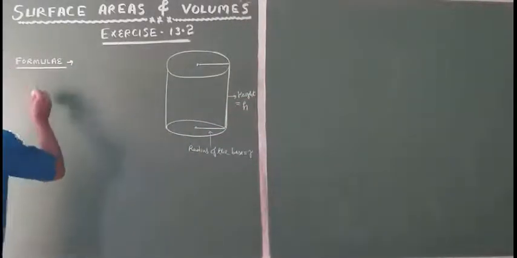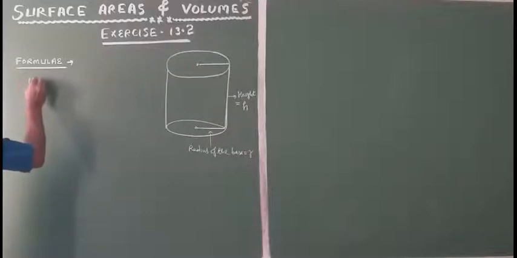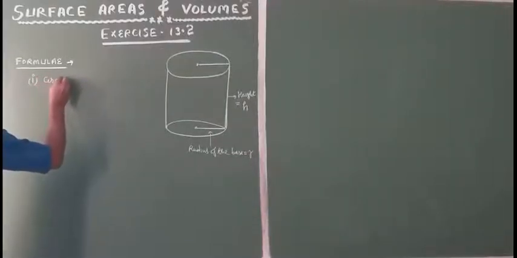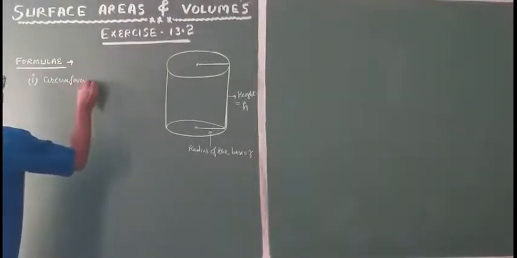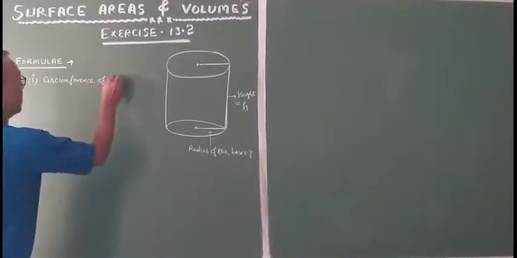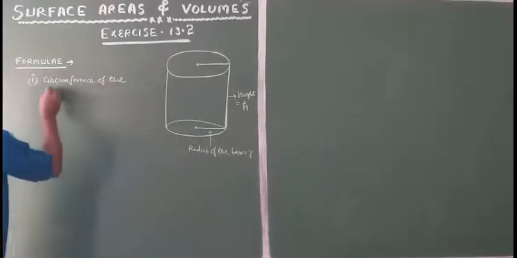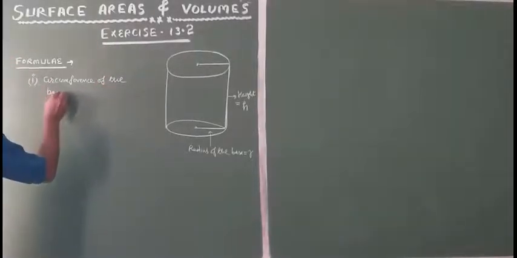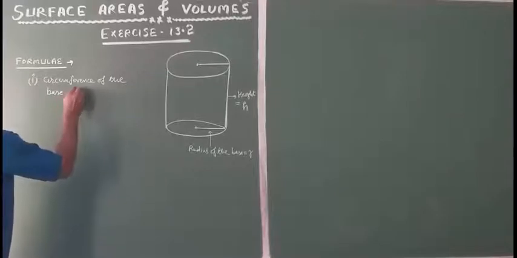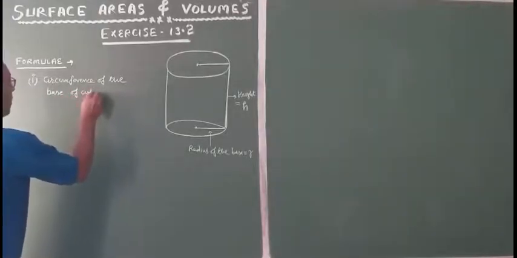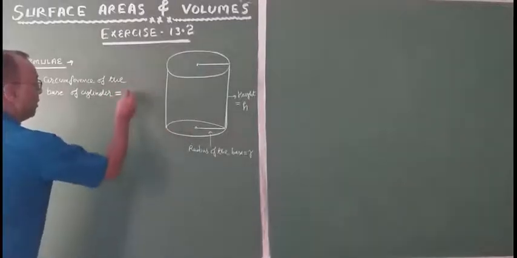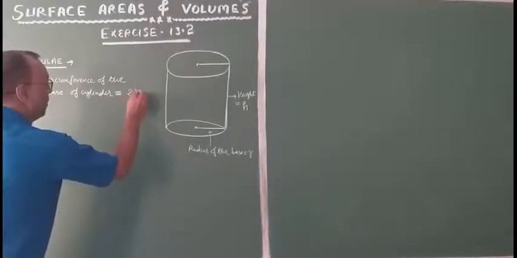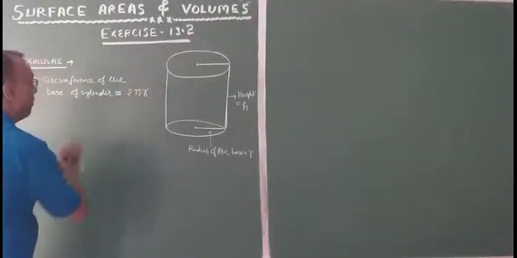The first one, circumference of the base of the cylinder. Since it is circular, it will be 2 pi r.